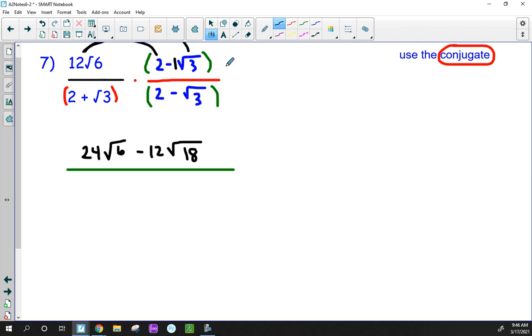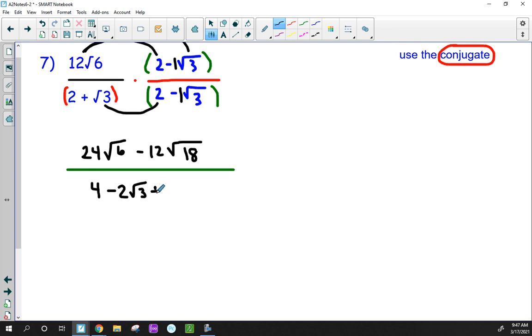Okay, so we just multiply. We're in multiply mode right now. You're going to go to the bottom. We have 2 terms here, 2 terms here. We're going to do FOIL. So first is 2 times 2, 4. Outside is 2 times negative 1 radical 3. That's going to be a negative 2 radical 3. Inside is radical 3 times positive 2.